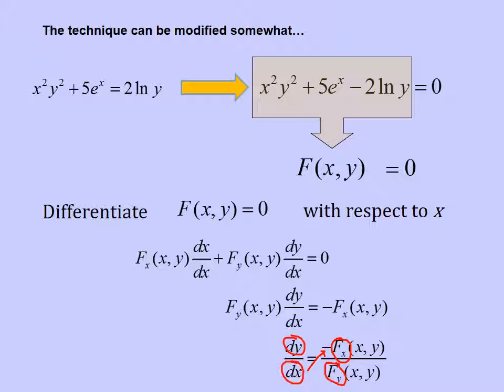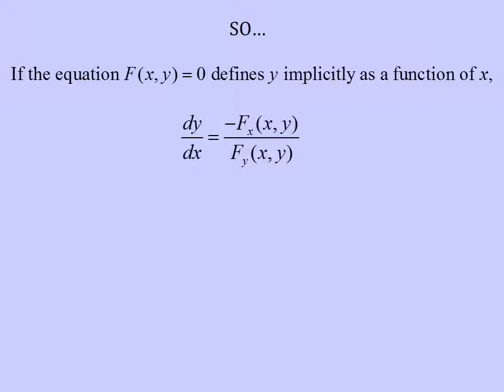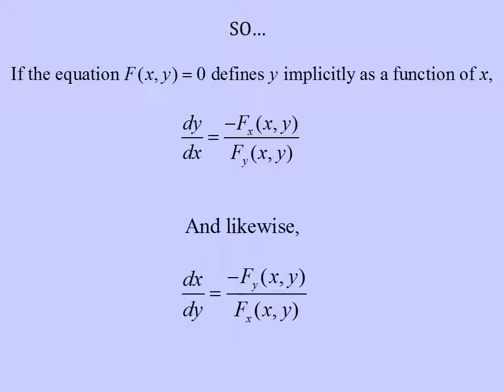Notice that they are just in opposite positions. Notice also that there's a negative sign on it. So if we have this formula for dy dx, look, all we've got to do is use a little imagination, and you can reverse the calculations that I just did and come up with this.